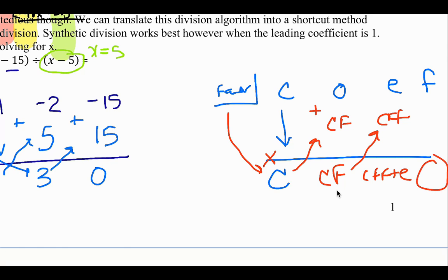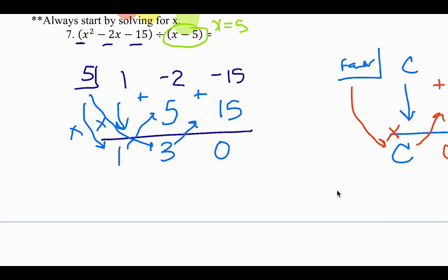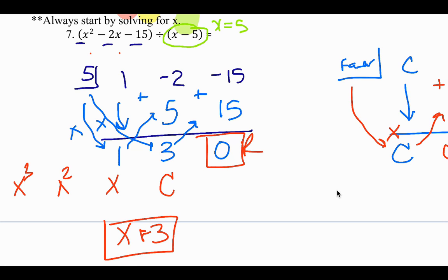And the number that goes here is always your remainder. So in the case of our original problem, I always put a box around this number. That's going to remind me that that's my R. And then you work backwards: coefficient, x, x squared, x cubed, and so forth. So this whole problem, x squared minus 2x minus 15, is just x plus 3, with no remainder.